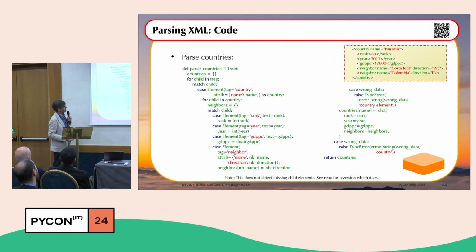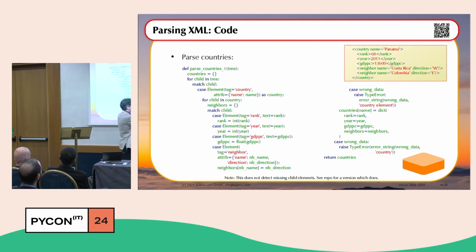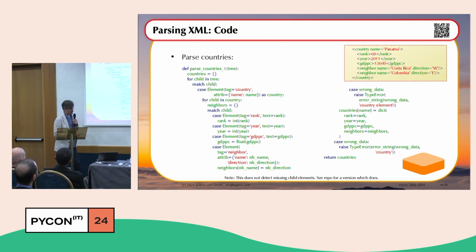For example, the rank you can convert to an integer. The year as well. For the GDP per capita, you're going to use the float. And then you can store extra data, for example, the neighbors. Neighbors can be an arbitrary list of neighboring countries. And you put those into a new data structure that you create over here with a dictionary, and you put all the data that you find in there. And then finally, you store everything here in a countries dictionary, and you can then process the data.